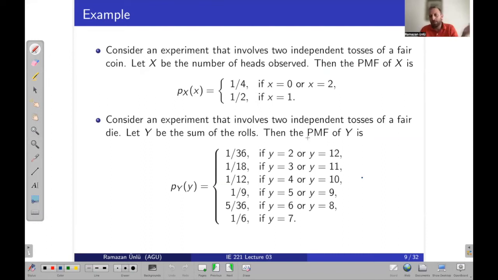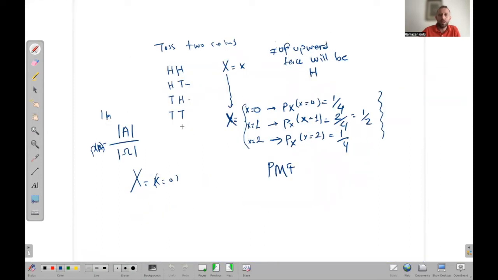It can take different values, but these different values can be associated with the same number. In this case, you will just look at how many different subsets are associated with that x, and then you can calculate the probability as we did in the previous lectures. So this is the example we did here.